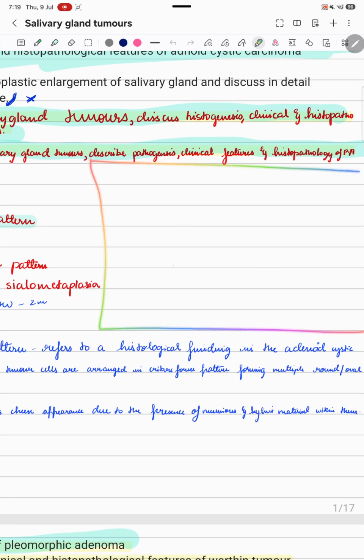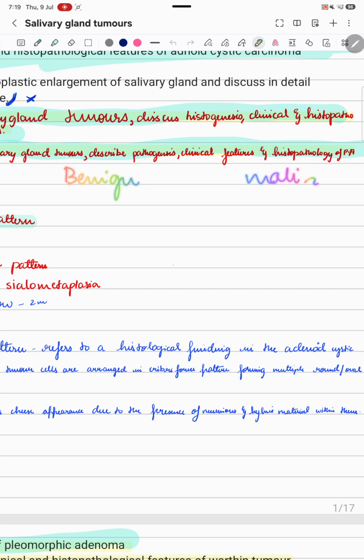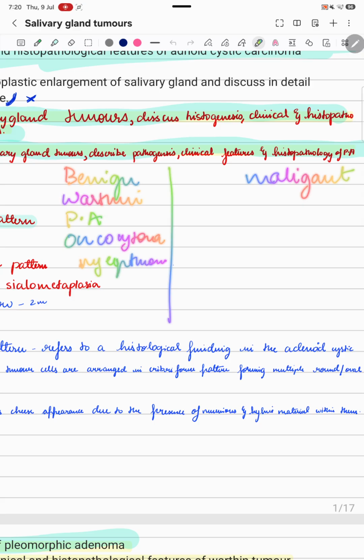classification of salivary gland tumors. So we have the major classification, that is benign and malignant, right? And in benign we have Warthin's tumor, pleomorphic adenoma, oncocytoma, and myoepithelioma, and in malignant we have mucoepidermoid carcinoma, carcinosarcoma, adenoid cystic carcinoma, basal cell carcinoma.